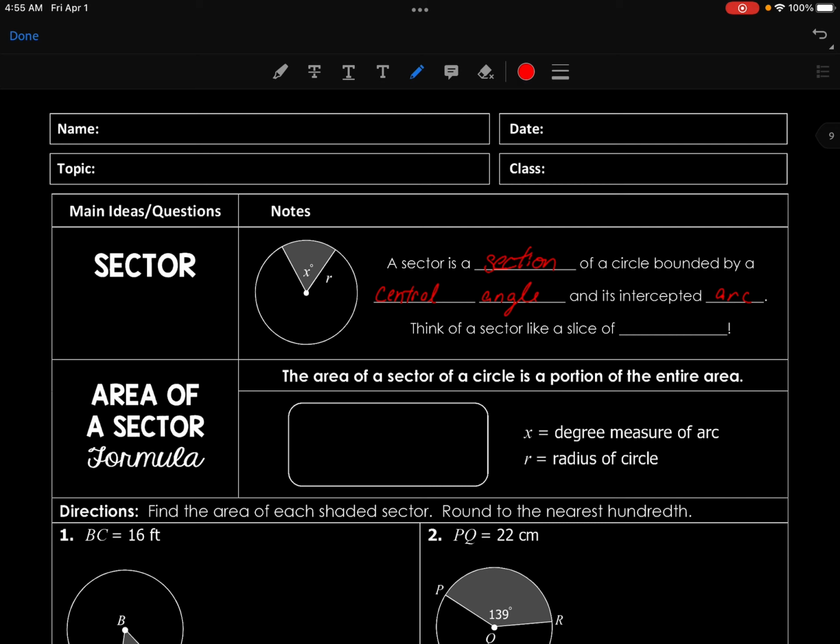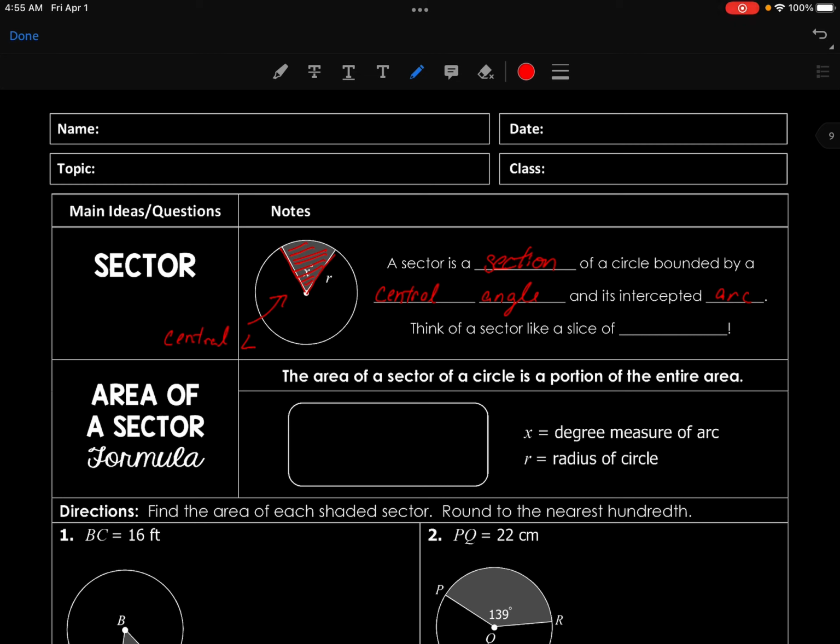This would be the section bounded by a central angle, that's the central angle, and its intercepted arc.